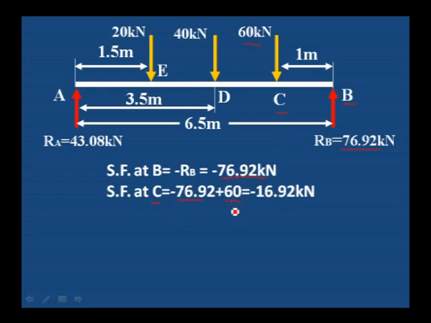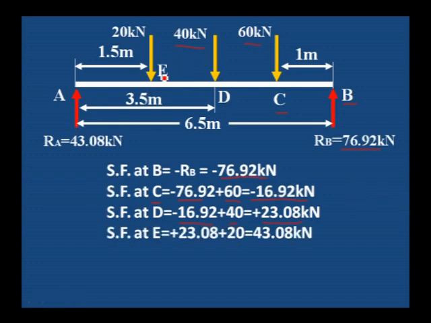That will be equal to minus 16.92. Next, shear force at D, previous value is 16.92 plus one more load is added, 40 kilonewton, that will be equal to 23.08. Why are we taking it as plus? Downward force we consider positive and upward as negative.